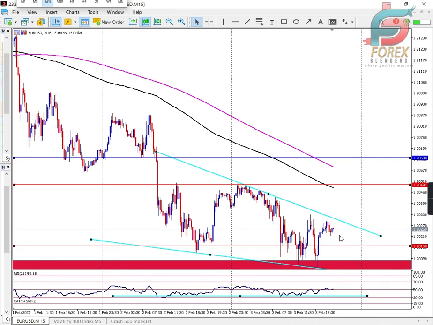But if it comes and bounces on the simple moving average and sells, that will not be a valid sell for me. I'll only be looking for a buy setup, and I've given the reason why. Because this is a buy setup, I'll only look for buys, and possibly this will be a nice buy.